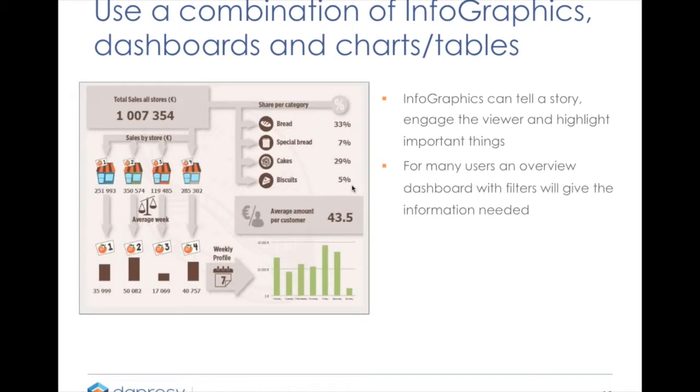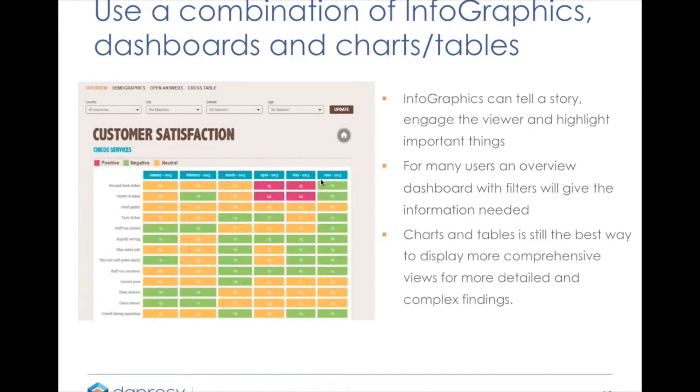And a dashboard like this one, with some filters, will give the information needed for most users. But for the users that need a more comprehensive view to find more detailed and complex information, charts and tables are still the superior way of delivering it.